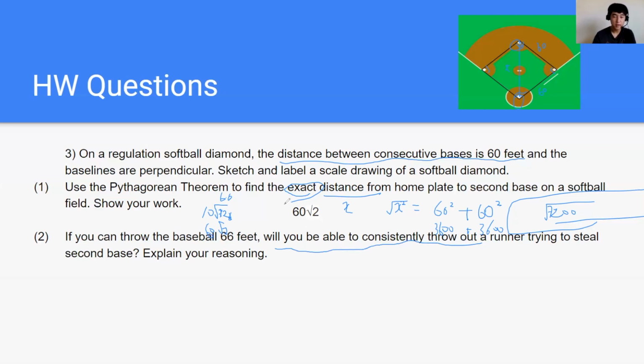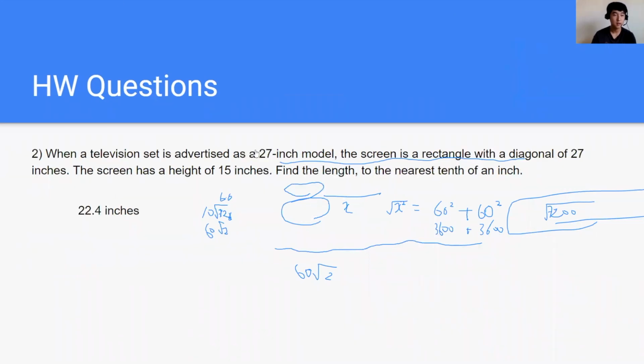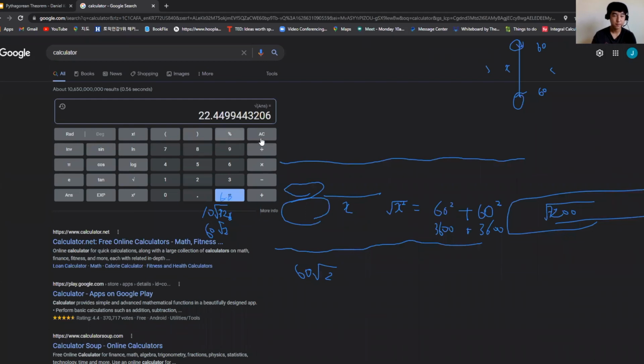But we already figured out the distance, 60 square root 2, right? And if you put this number in the calculator, okay, it's 84.